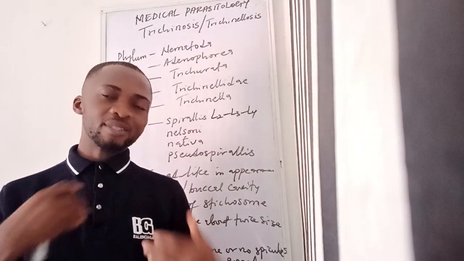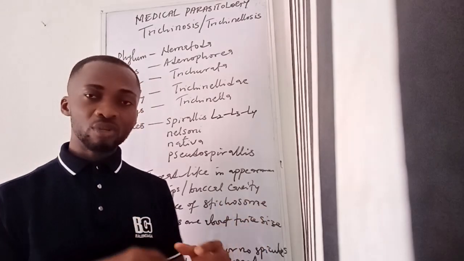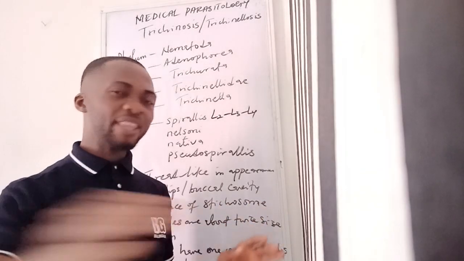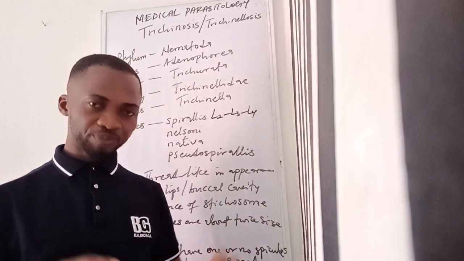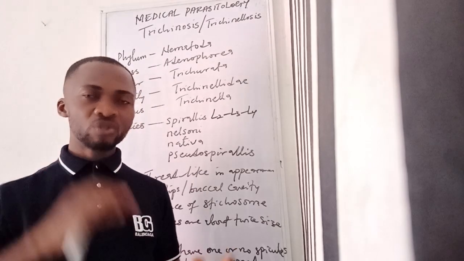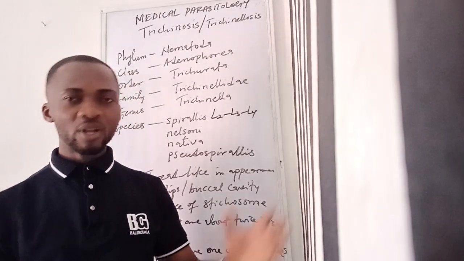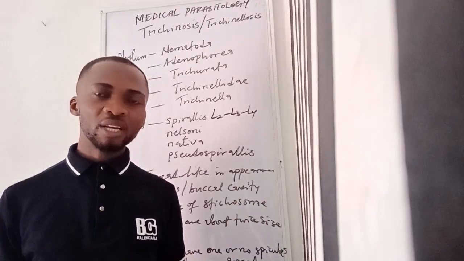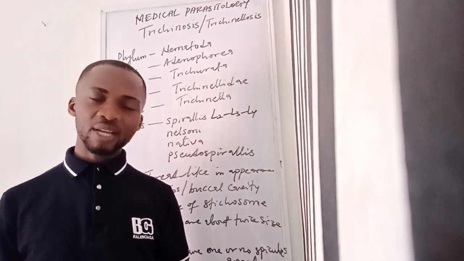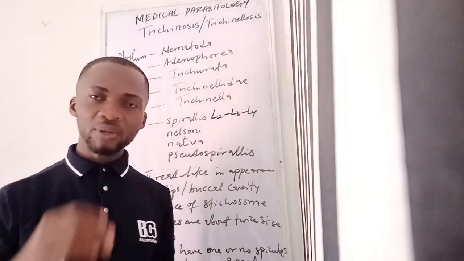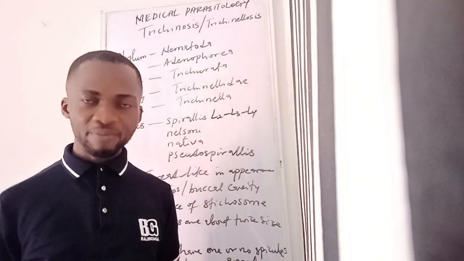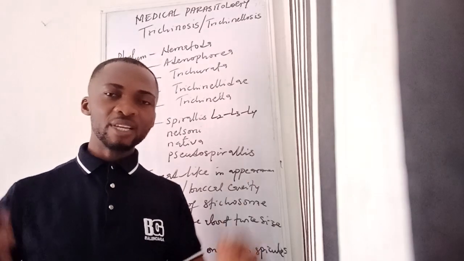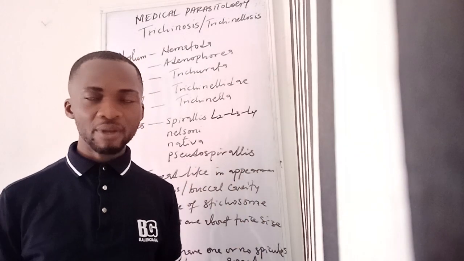Sometimes it could also encyst in those other parts of the body that it passes through, and it stays there. It can inflame such areas, organs or structures in the body, and the inflammation of the heart can result in what is called myocarditis. So these are the effects of the encystment of the larva.